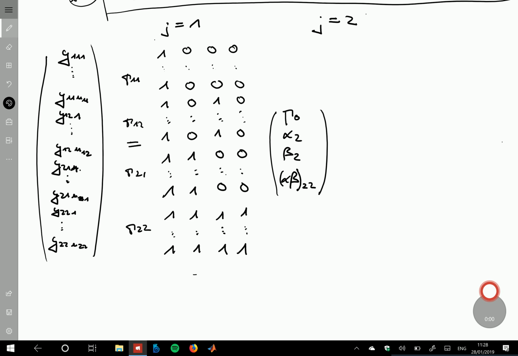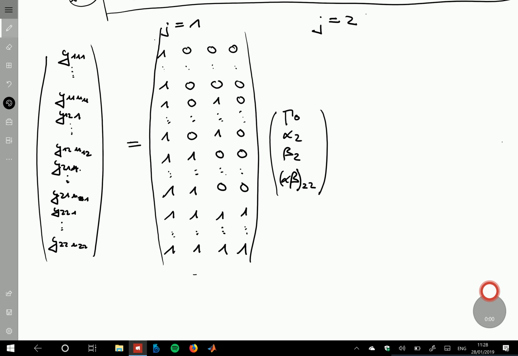So this is what we want to create with our design matrix and our vector. And this is then the design matrix.